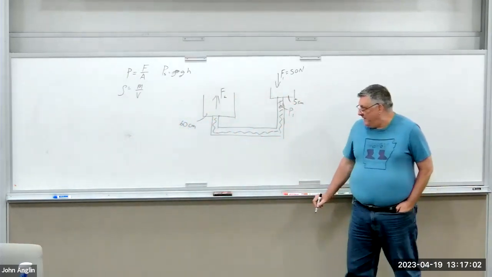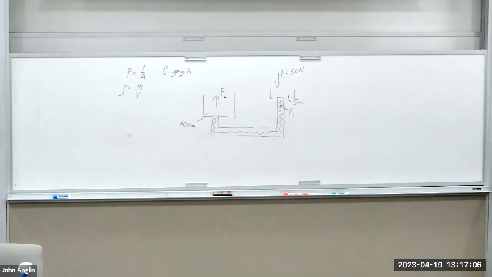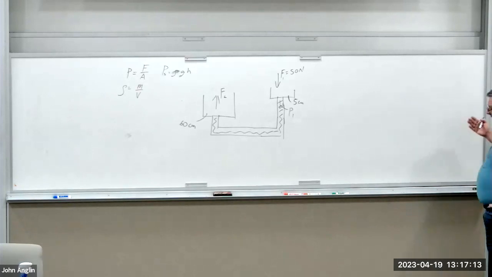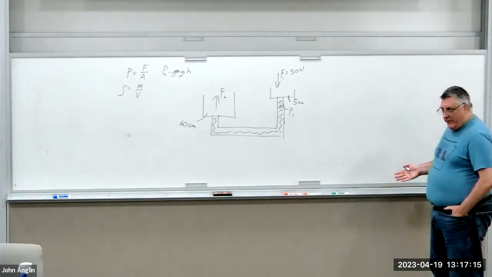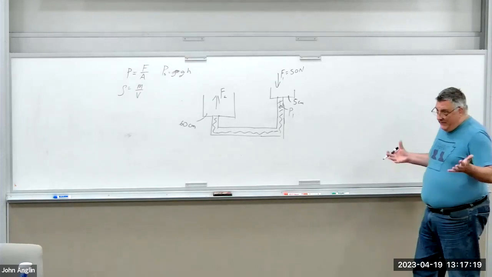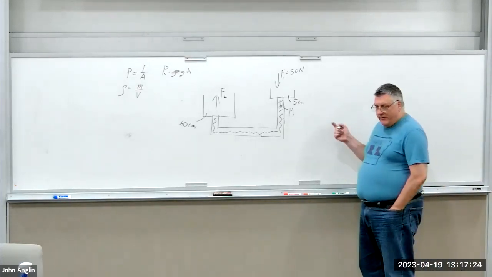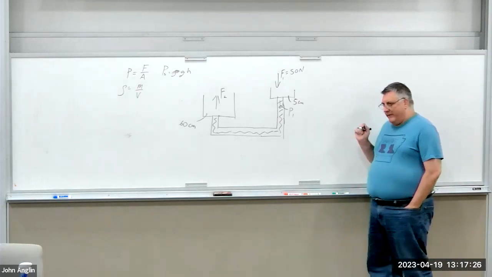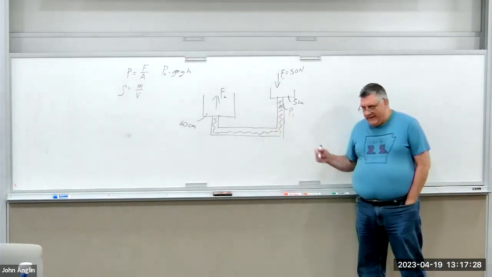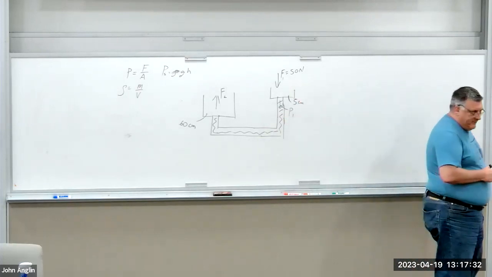The reason we want to do this is that it's a tool. This is a way to do some work. If I'm going to lift a car, for example, on a car jack, I don't necessarily want to go by myself and try to pick the car up. The car weighs 2,000 pounds or so. That's going to be difficult. So I'm going to put it on a hydraulic lift. I'm going to create this system, and then I'm going to press down with 50 newtons and see how much I can lift.